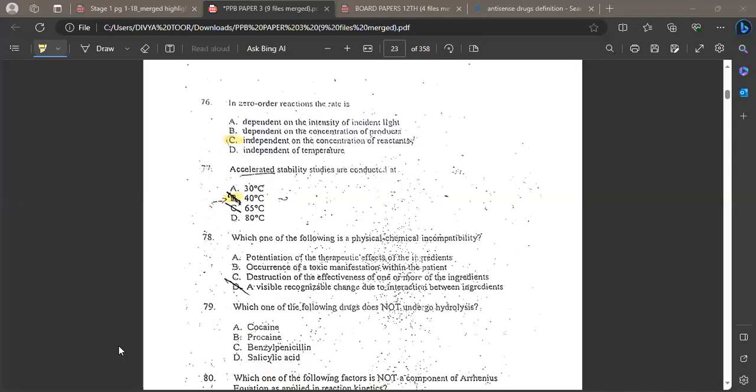All right. Which one of the following is a physical chemical incompatibility? So there is potentiation of the therapeutic effects of the ingredients, occurrence of a toxic manifestation within the patient, destruction of the effectiveness of one or more of the ingredients, and a visible recognizable change due to interaction between the ingredients.